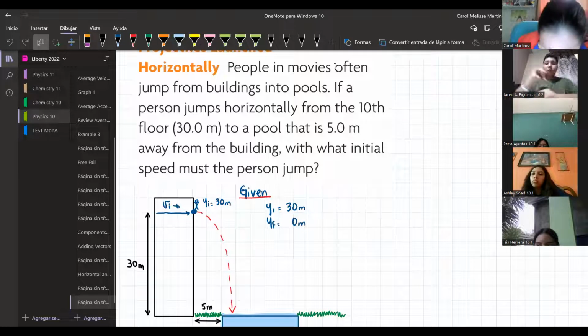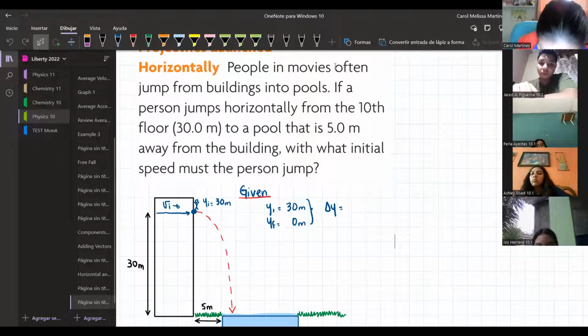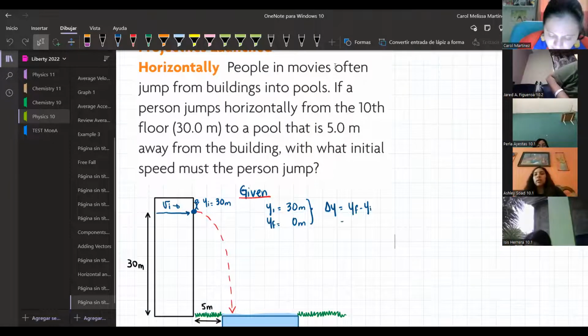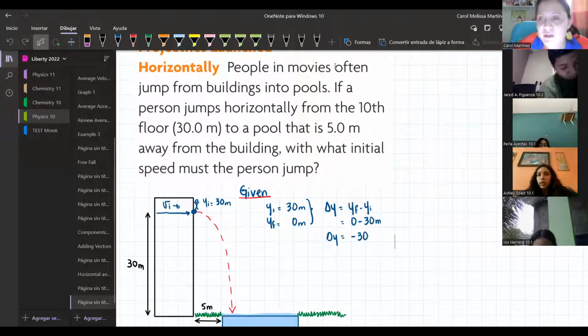What can we do with these two pieces of information? We can get delta y. Delta y is final position minus initial vertical position. So we apply the formula and we say 0 minus 30 meters. So the change in the vertical position is negative 30 meters, just like we used to get it in free fall, okay?